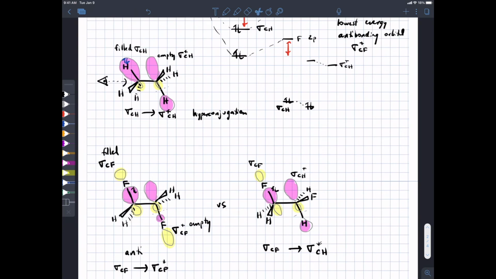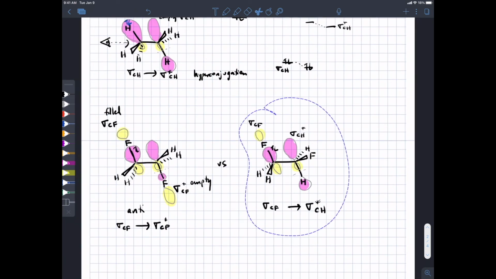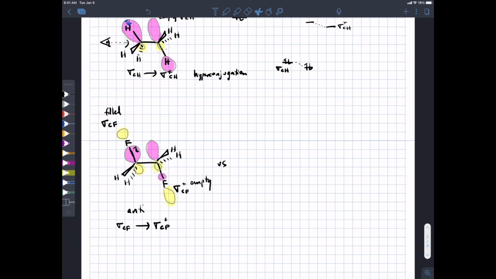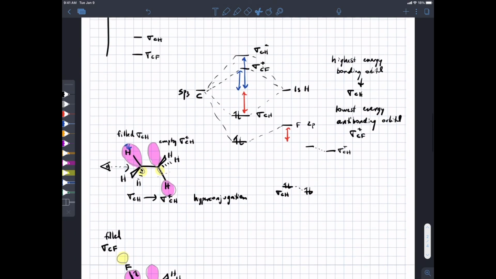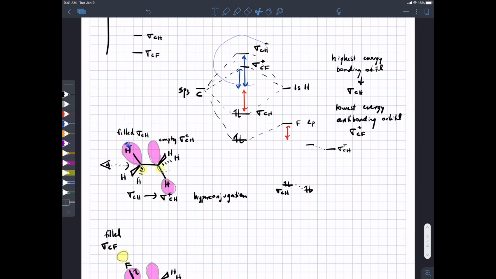I'm going to erase what I've drawn over here on the right because that wasn't the right comparison to make to help you see the stability difference. Of the two empty orbitals that we have, which is going to be the best acceptor? The lower energy one, right? The carbon-fluorine sigma star. Of the filled orbitals, which is going to be the best donor?